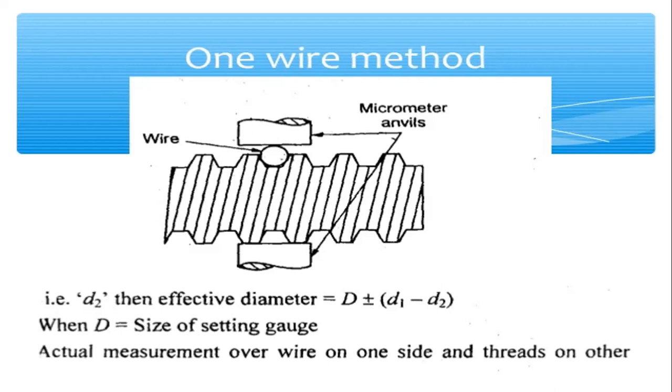You can see it in the picture also. We are going to take only one wire. But in the two wire method and the three wire method, we are going to take multiple wires based on the measurement.